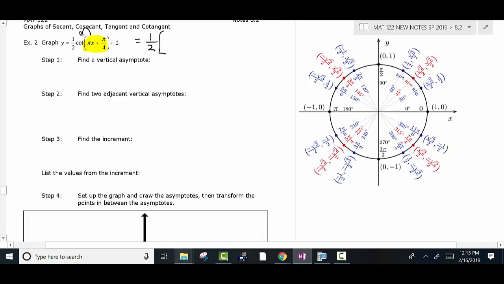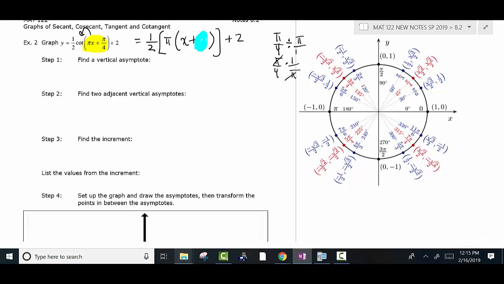So I'm going to take a pi out, and then to figure out what goes there, you need to take the pi over 4 and divide it by the pi that you took out. So that would be pi over 4 times 1 over pi, which gives 1/4.